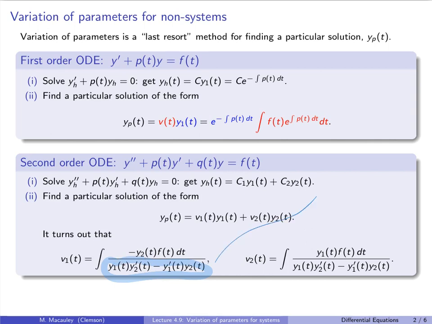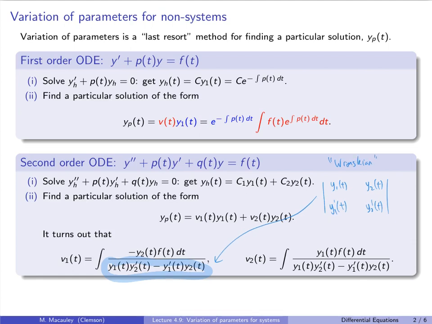Remember that? It was the determinant of the matrix with y1 of t and y2 of t in row 1, and y1 prime of t and y2 prime of t in row 2. So this was called the Wronskian.